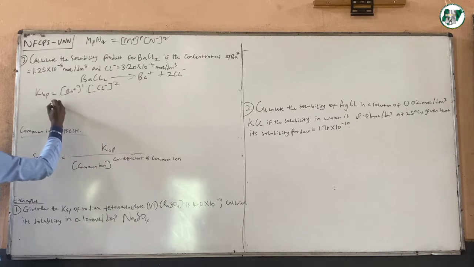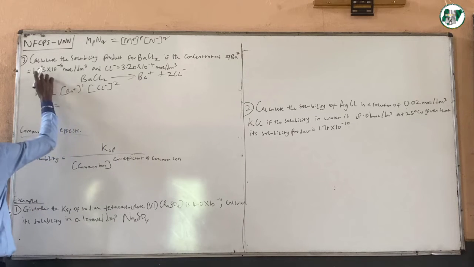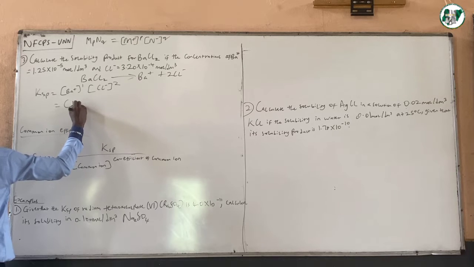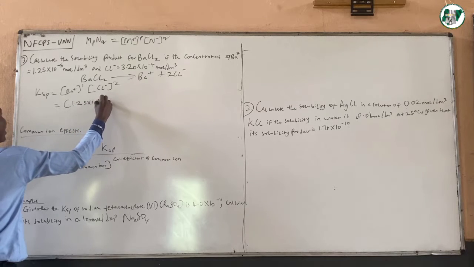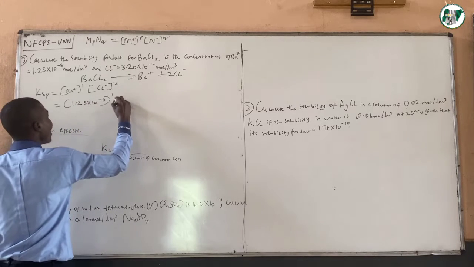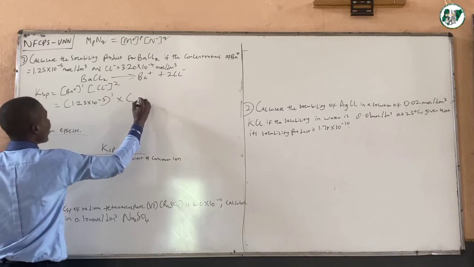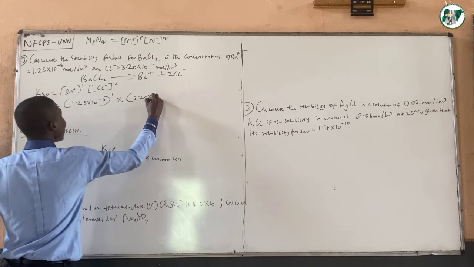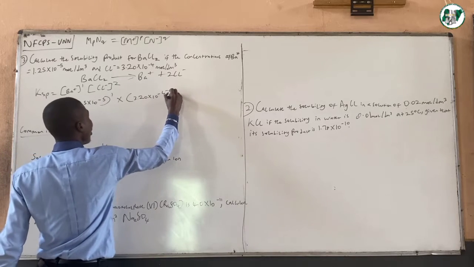What's the concentration? Barium, we are told that the concentration of barium is 1.25 times 10 raised to the power of minus 5, raised to the power of 1, multiplied by the concentration of the chloride, 3.20 times 10 raised to the power of minus 4, raised to the power of 2.